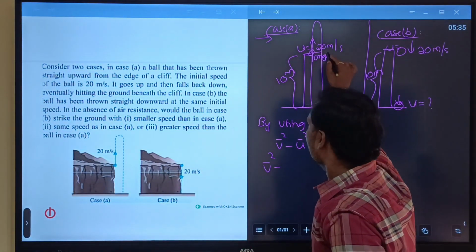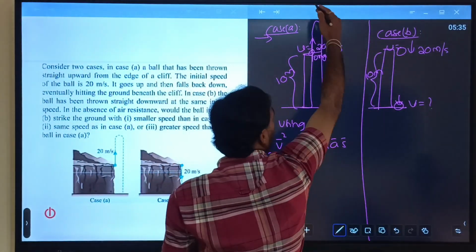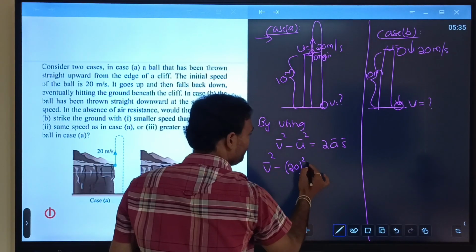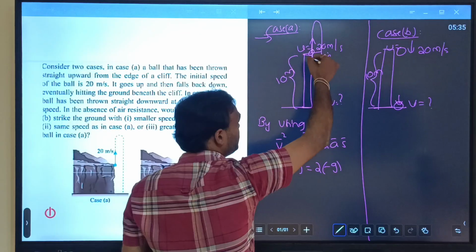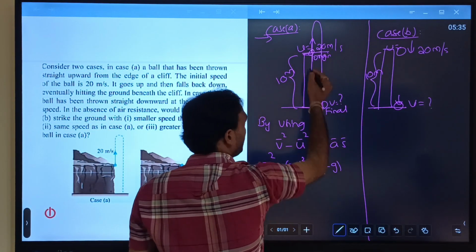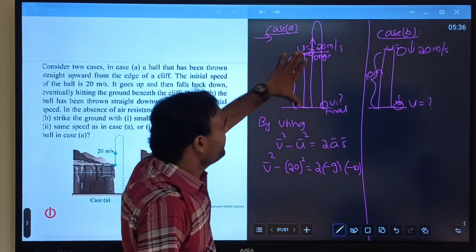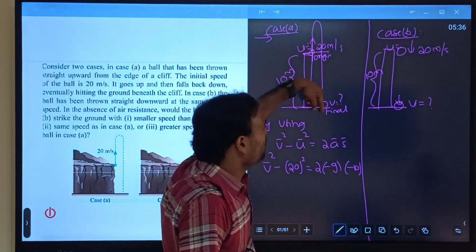From origin, the initial velocity vector is moving in the upward direction, so this will be positive 20 only. Then 2 into minus g, and s value: this is the initial location, this is the final location. So I am assuming the value as minus 10, because this is the displacement traveled by the object.